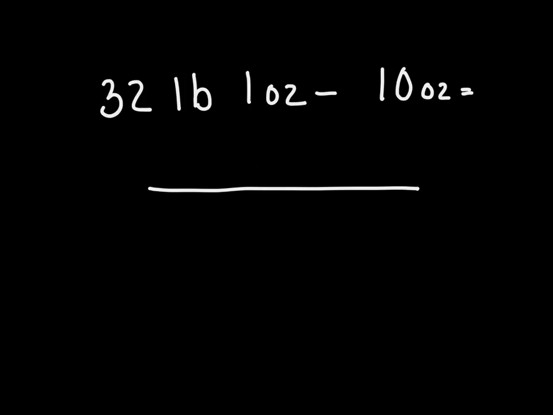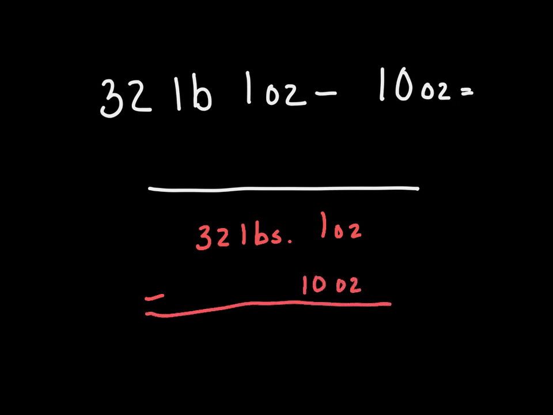32 pounds and 1 ounce, take away 10 ounces. All right, so we're going to put this down. 32 pounds, 1 ounce, take away 10 ounces. In that case, we're going to have to take away a pound and give that extra 16 ounces to the top. So when I do that, I take away a pound, and that will give us 31.